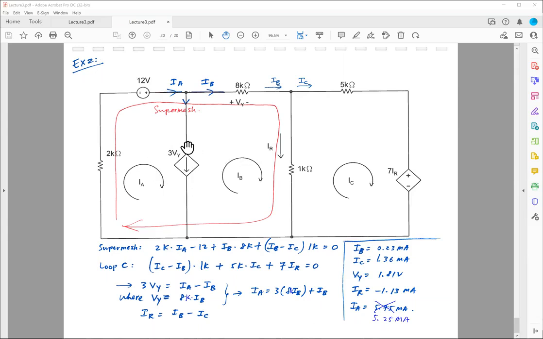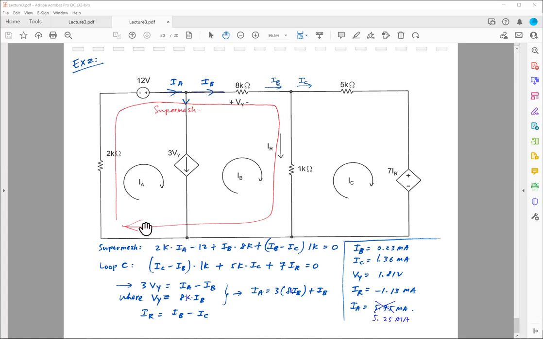All right, since I have this current shared between these 2 loops, I'm going to have to use super mesh. Again, I start from the bottom left and sketch out this entire super mesh path.